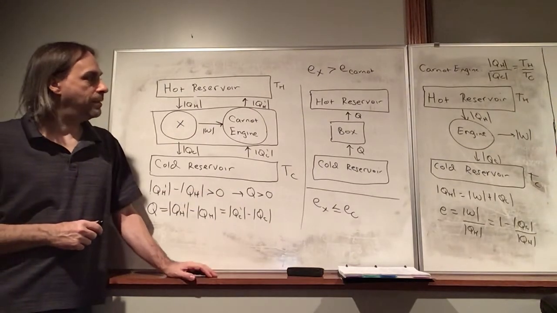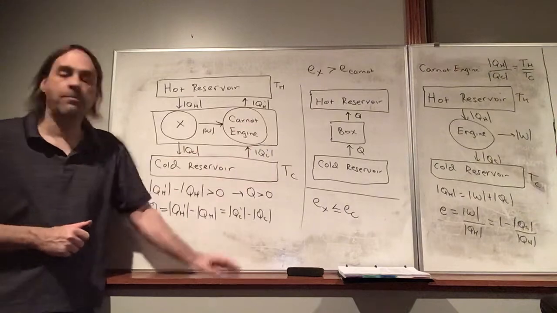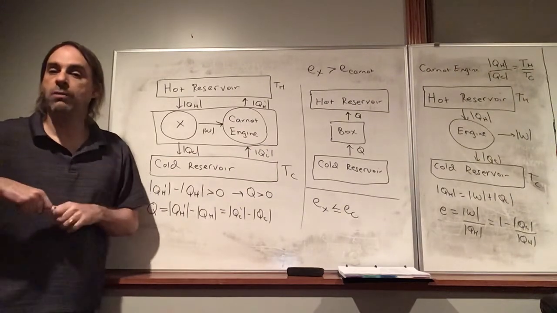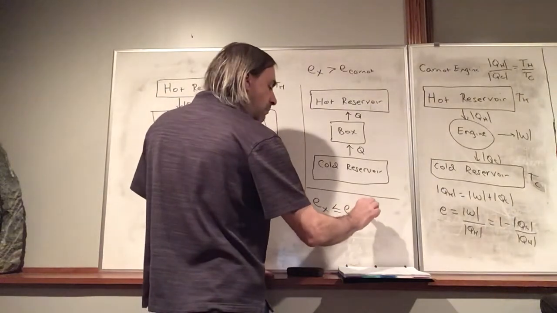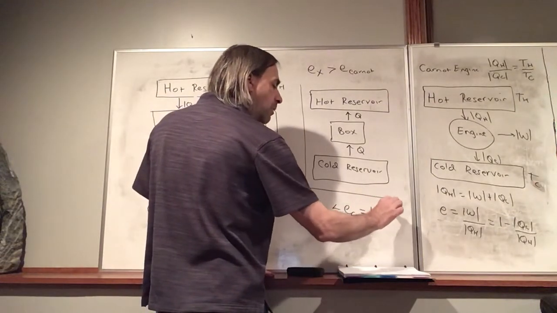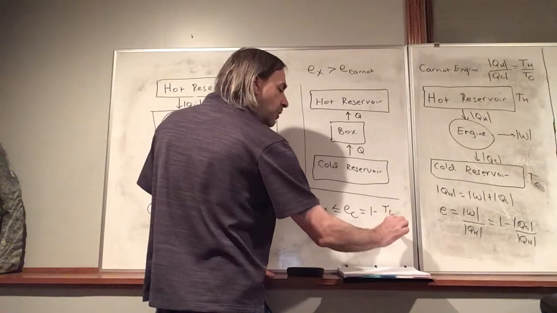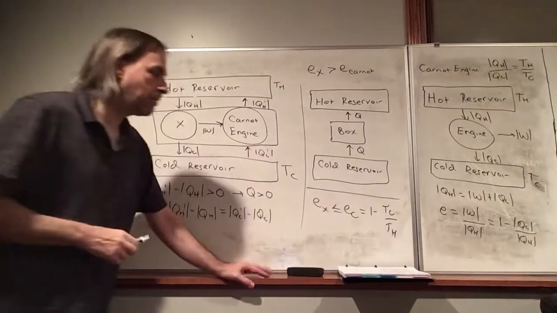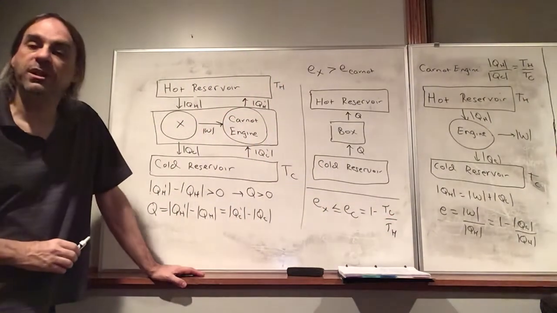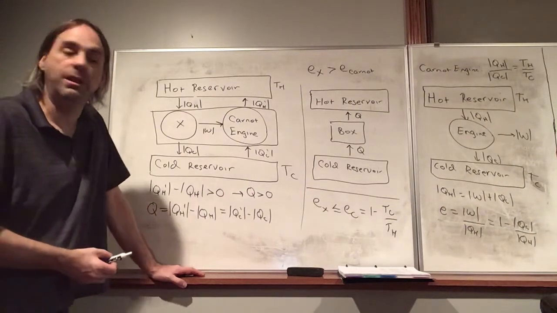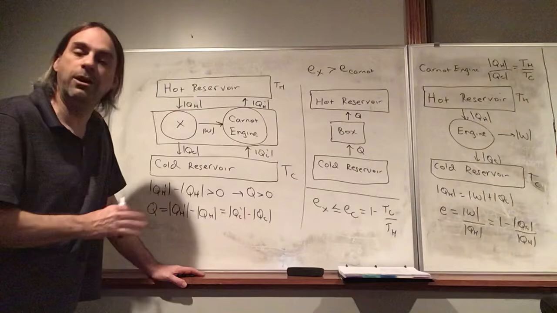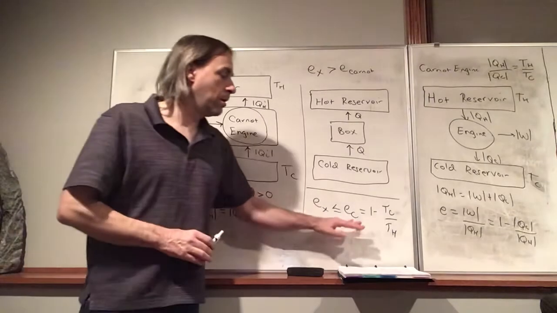It only depends on the temperatures of these hot and cold reservoirs. So, another way of stating this, we know the efficiency of a Carnot engine. So if you have two reservoirs at temperatures TH and TC, this gives you the maximum possible efficiency that you could have for any real engine. This is an upper limit.